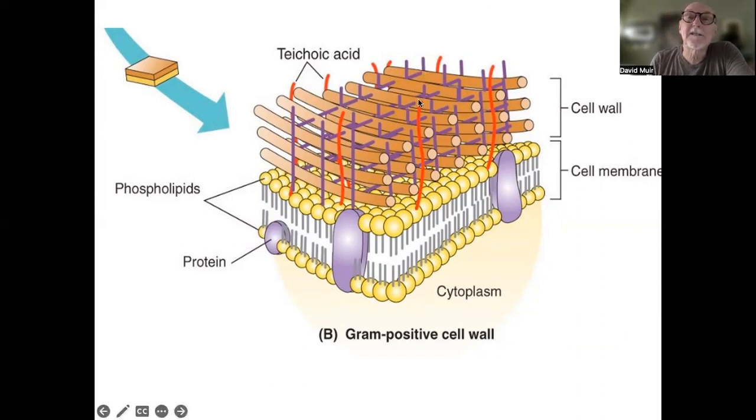There is a clinical significance to these teichoic acid molecules here. And teichoic acid will actually spark a very powerful immune response if it is liberated into the bloodstream.